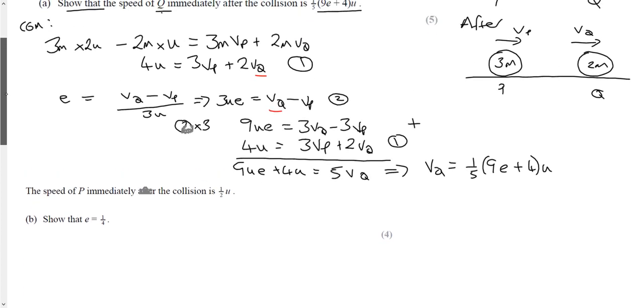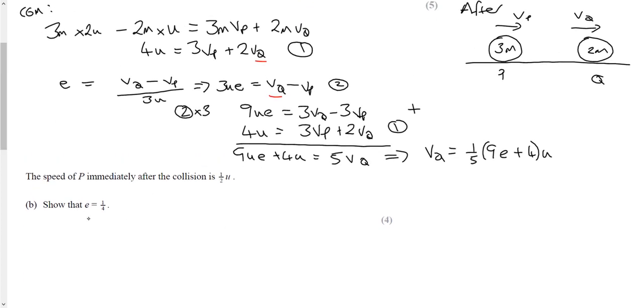Okay, so now they've given us the speed of P as well, and they want to find E. Well, I knew that E was, using my equation from here, velocity of Q minus velocity of P divided by 3u.